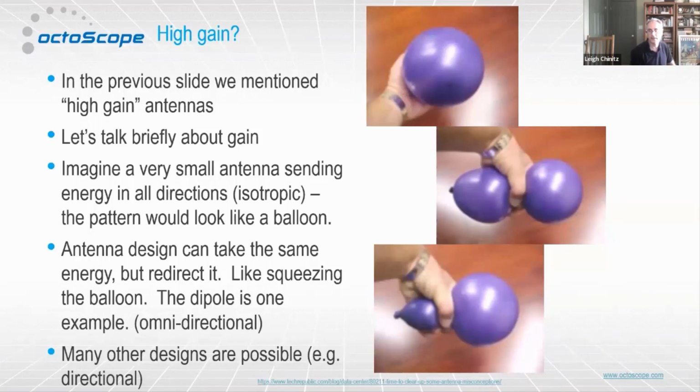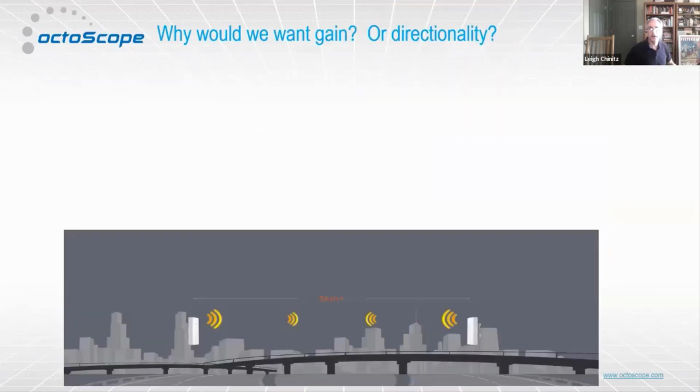But if you're on the left-hand side of this slide, you would have quite poor reception because very little energy is going out in that direction. Again, think about the balloon as having a volume, which is the energy that it's putting out. When we squeeze it, we don't change the overall volume, we just change where it's going. And antenna designs are really all about that. Now, why would we want gain?